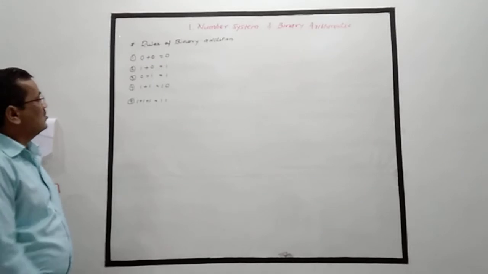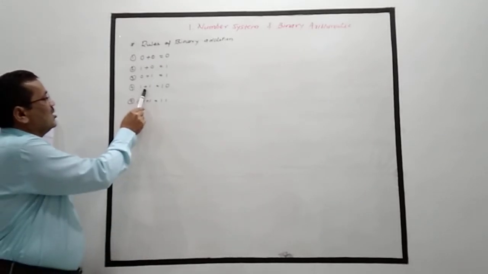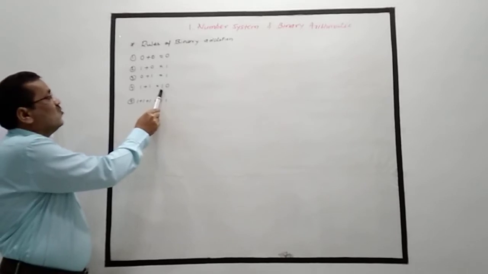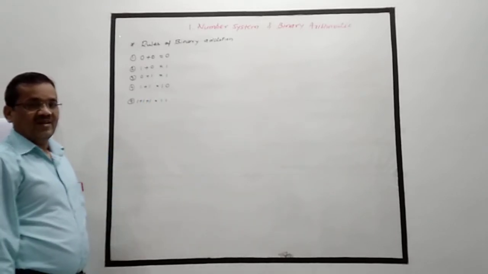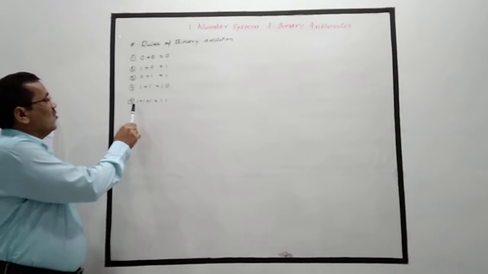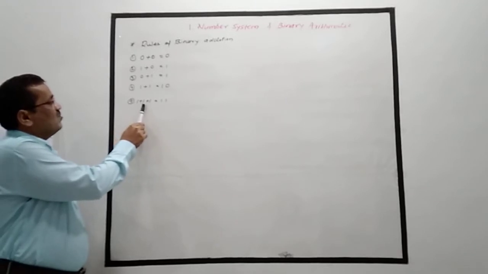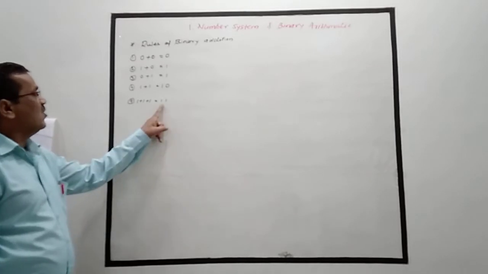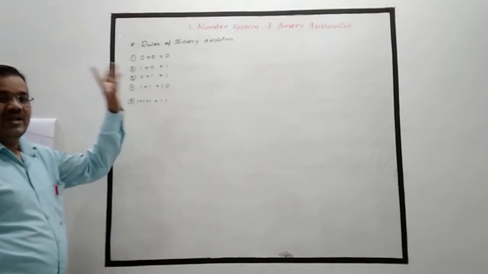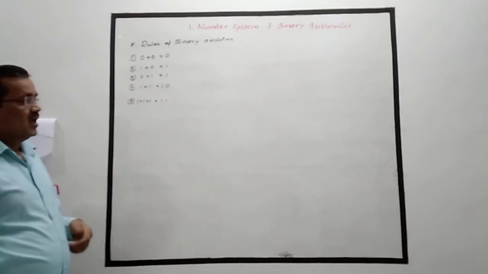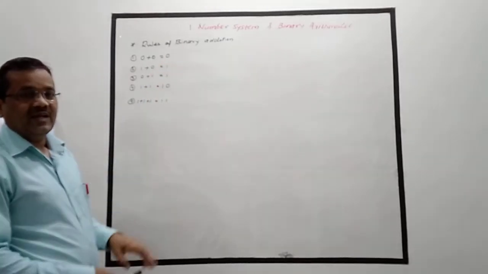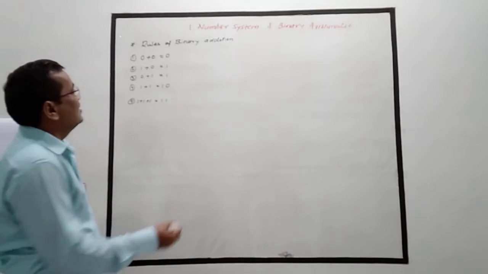And fourth rule, 1 plus 1 is equal to 2, which is equal to 10 in binary. And 1 plus 1 plus 1 is equal to 3, which is equivalent to 11 in binary. So let us understand these rules by taking some examples.